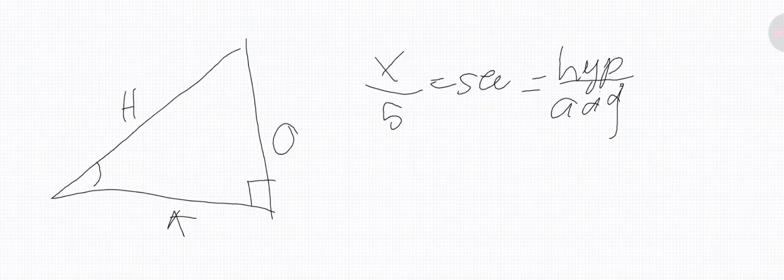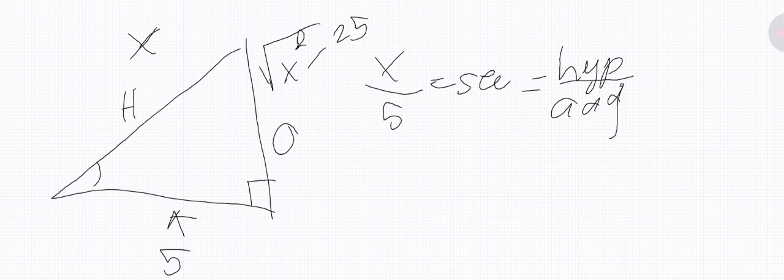Substituting like last time, x is the hypotenuse, adjacent is 5, and opposite is the square root of x squared minus 25.